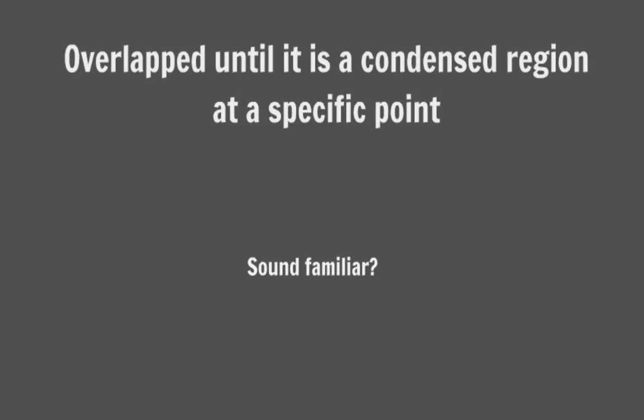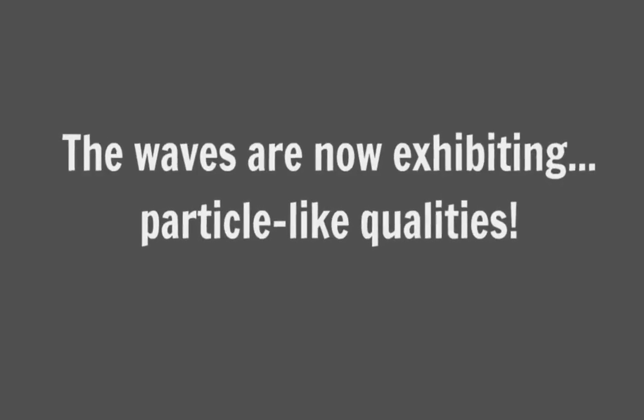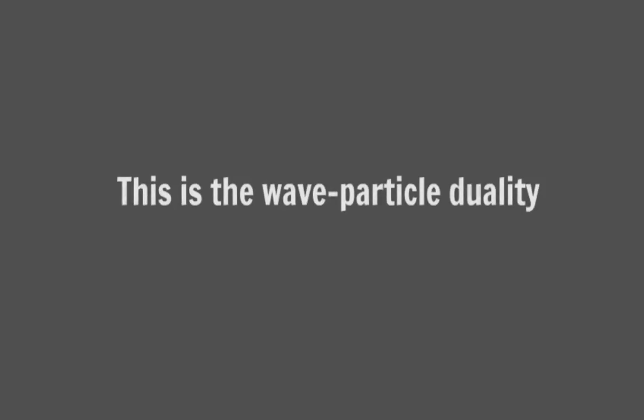Does that sound familiar to any quantum object we may have discussed in the last few minutes? Yes, you guessed it. Now these waves are exhibiting particle characteristics. This is where we obtain the wave-particle duality, in which quantum objects exhibit both wave and particle properties.